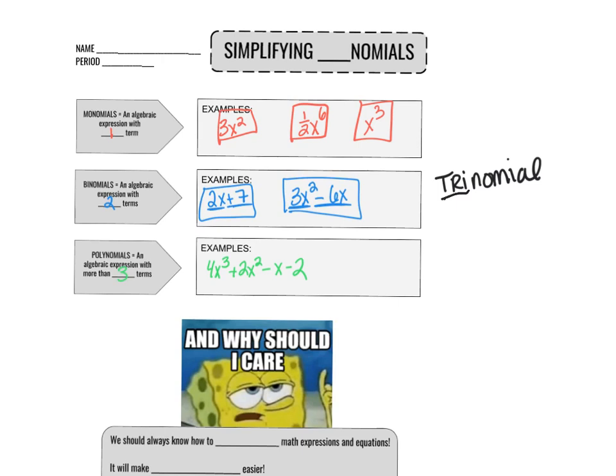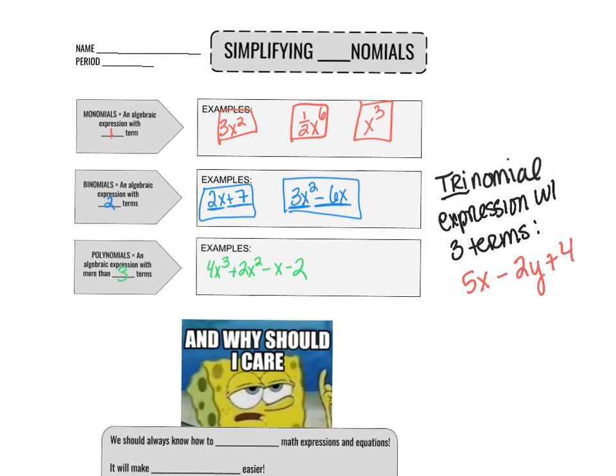So a trinomial is an expression with three terms. A trinomial would be like 5x minus 2y plus 4z, because it has three terms. So a monomial has one, a binomial has two, like a bicycle has two wheels, and a trinomial, like a tricycle, has three wheels, so a trinomial has three terms.